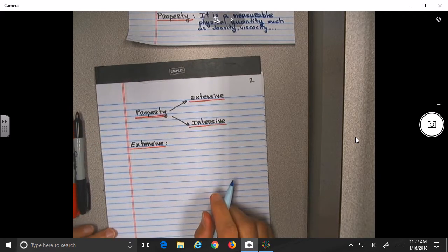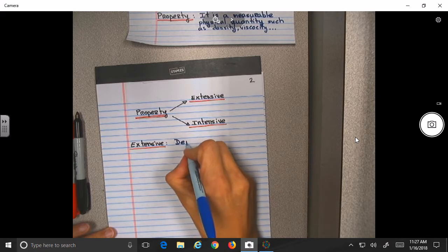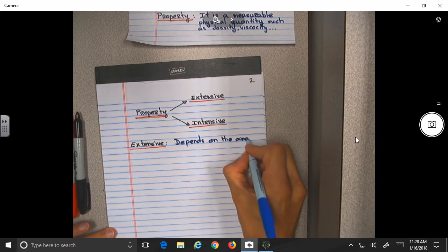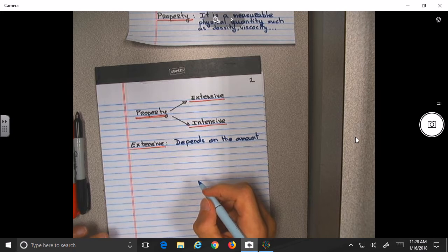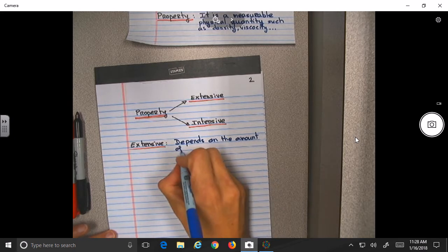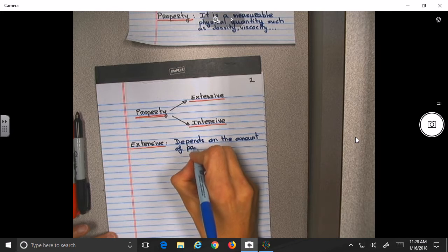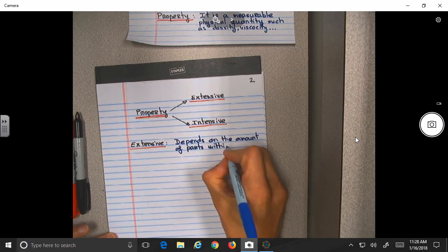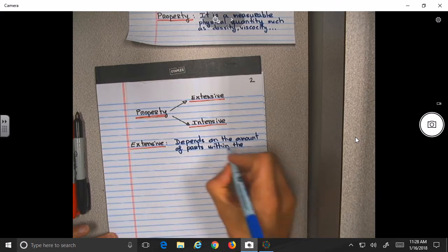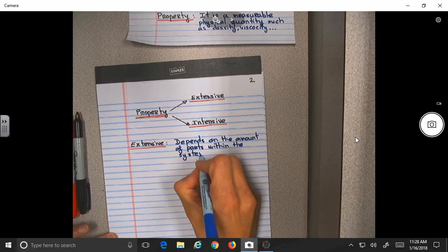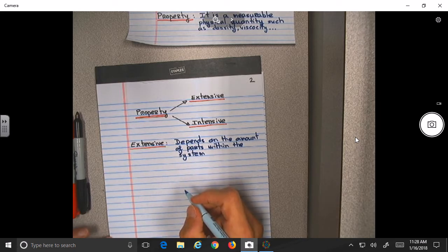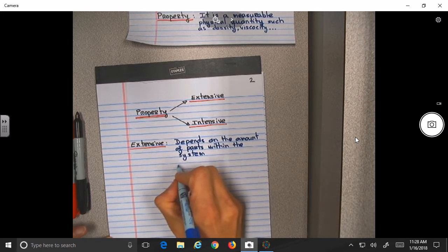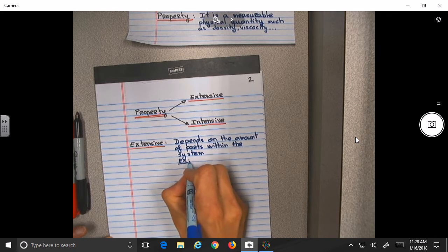So, what do we say about extensive? Extensive depends on the amount of parts within the system. And we say one example could be what?